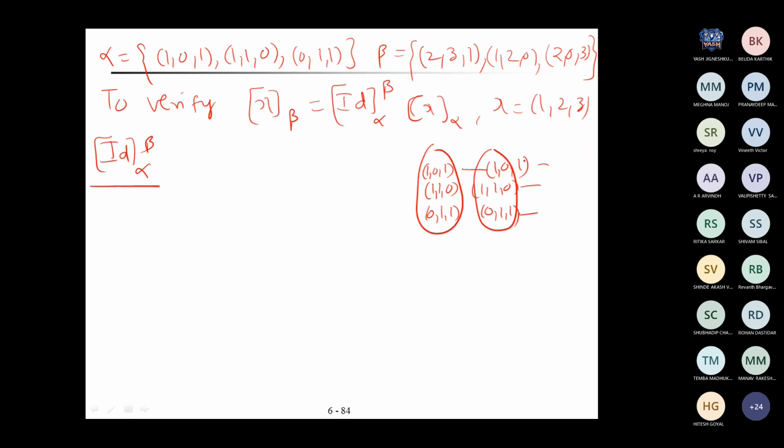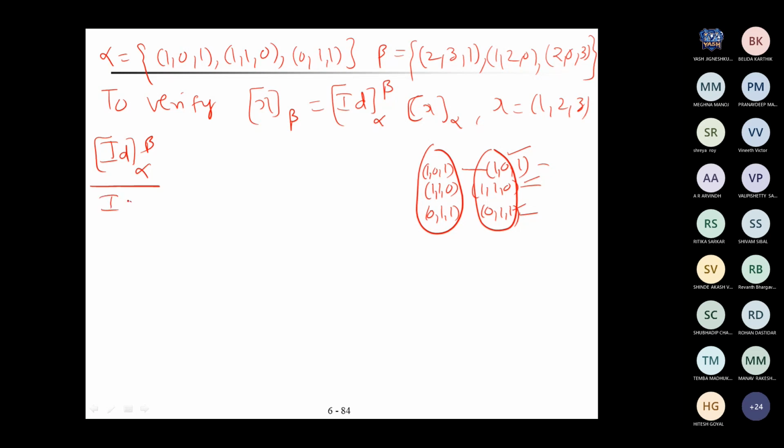Try to write these elements as a linear combination of beta elements. That will give you ID alpha to beta. So when you write this, you find the coordinate vector of this with respect to beta. That will be the first column. Find the coordinate vector of this vector with respect to beta, second column. Again for this, third column.